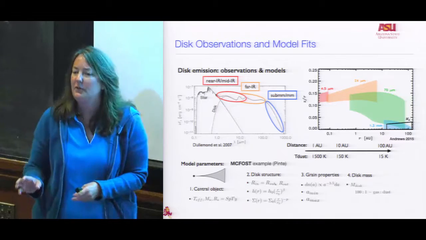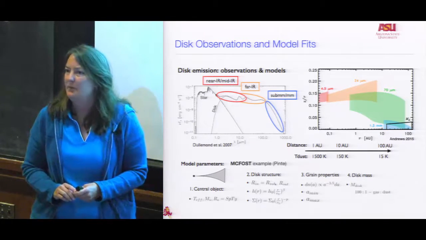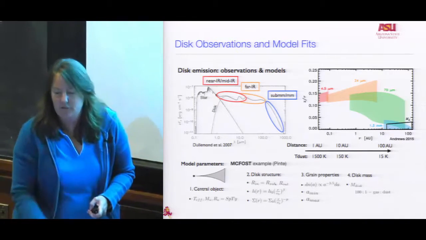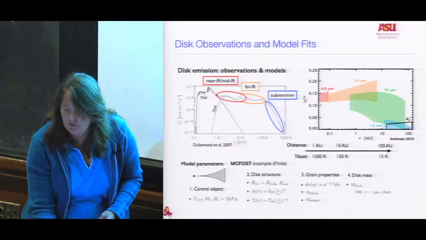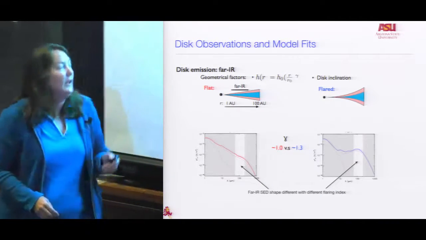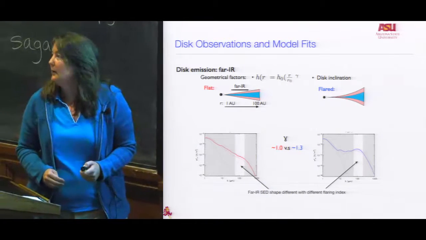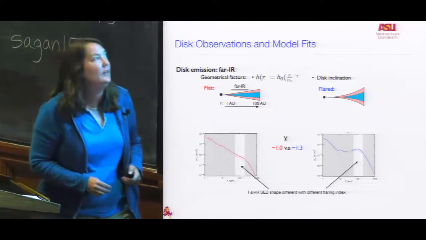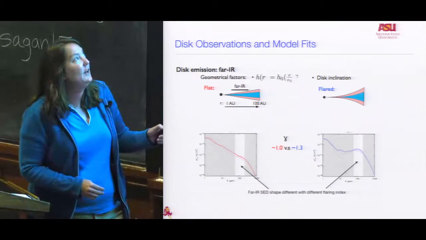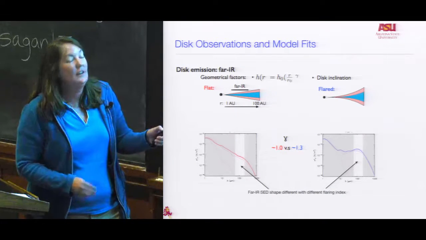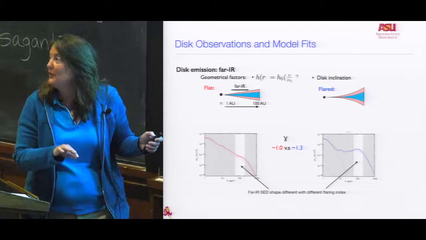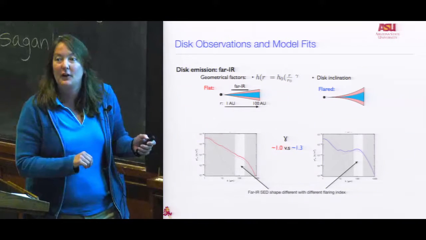And I'll show you how some of the wavelength regions are appropriate to learning about different aspects of these disk structure parameters. So if we look at the far IR emission, and the example here would be the Herschel data sets that are available, the geometric structure of the disk can impact the far IR emission.